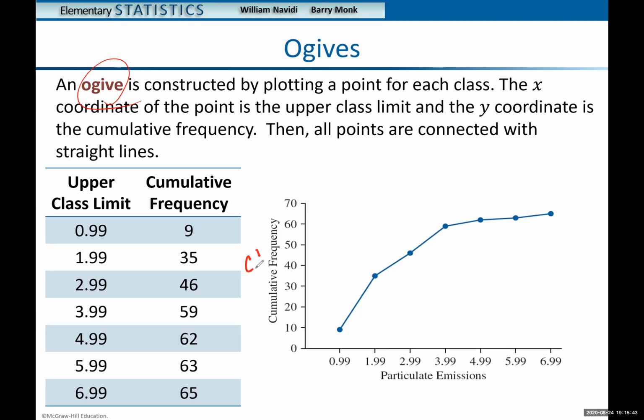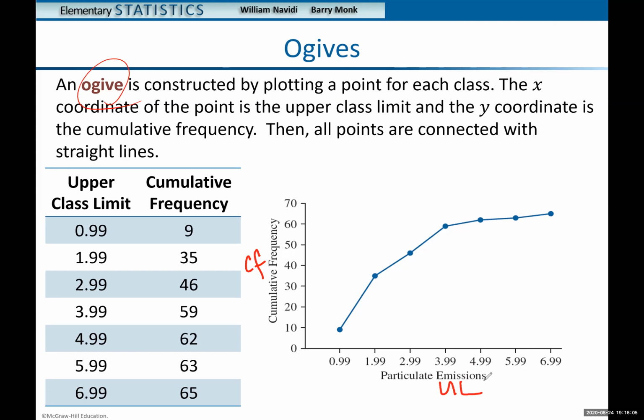So CF is your y-axis, and then your x-axis is the upper limit. Remember, for your histogram, we use the lower limit and the frequency, or RF. For the ogive, you use the upper limit and the cumulative frequency, CF.